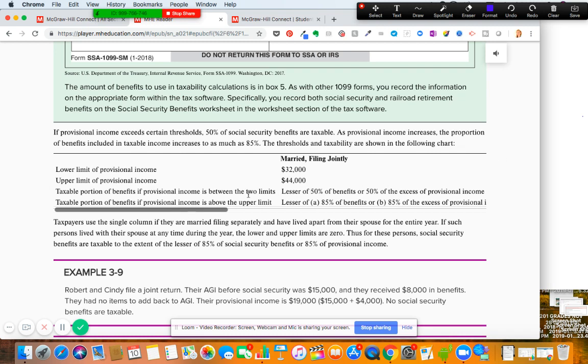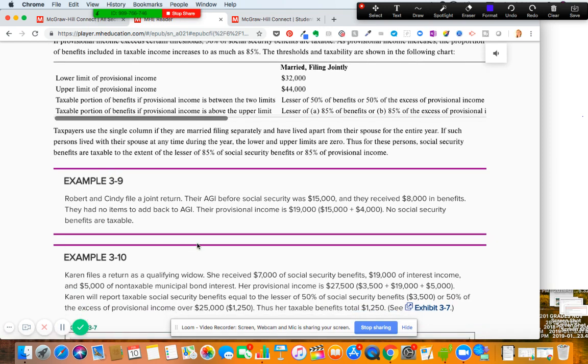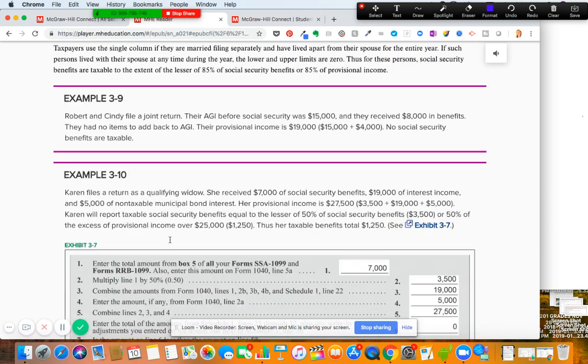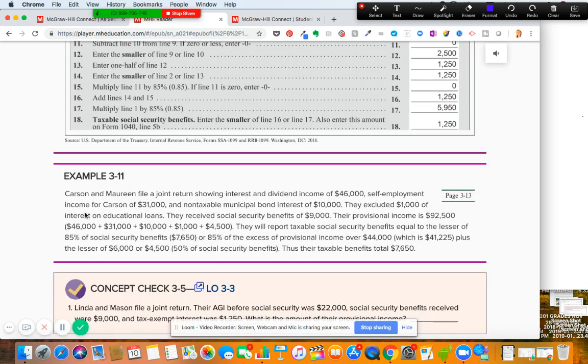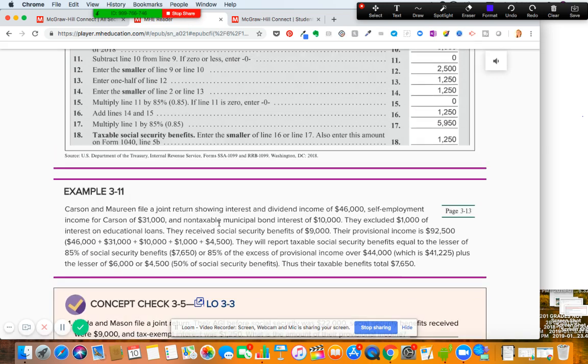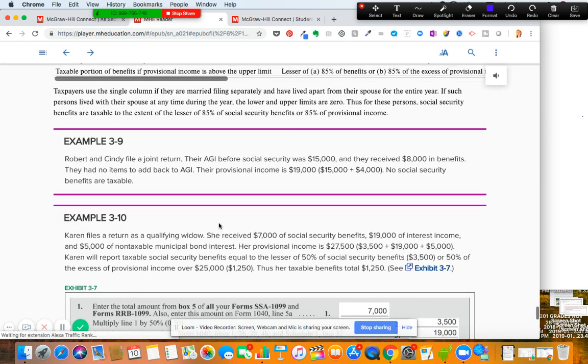It's a little less nice and neat in the book, but it's still there. This example applies to A, this example applies to B, as I did in the video, and this example applies to C. You may recall for C me saying 85% is what ends up being included.